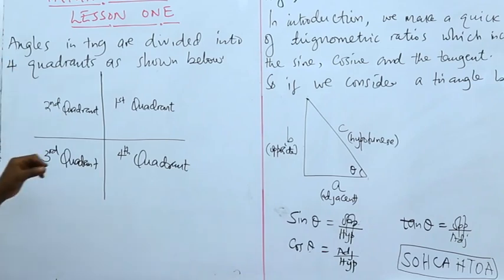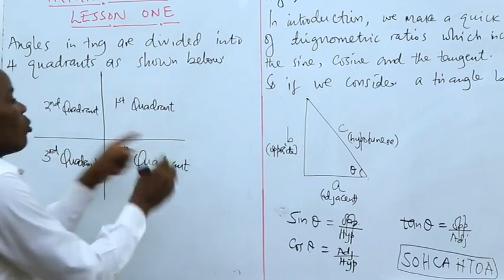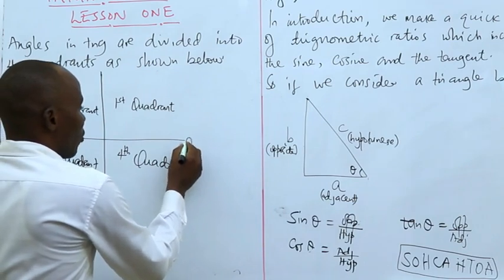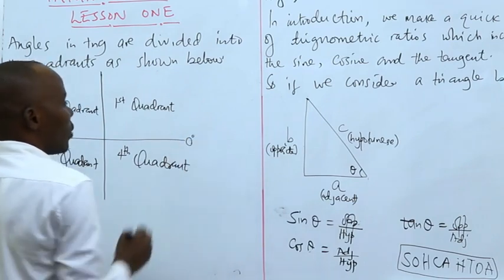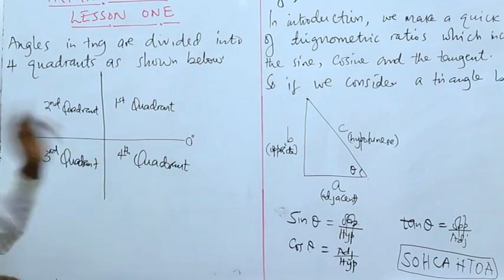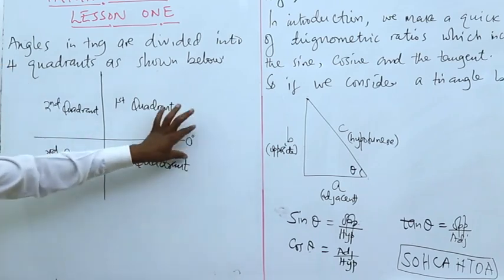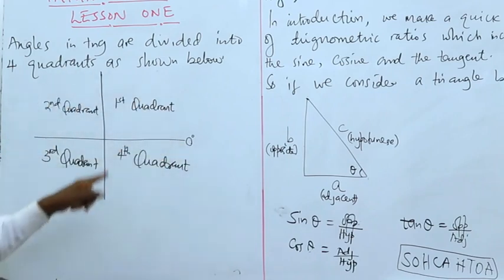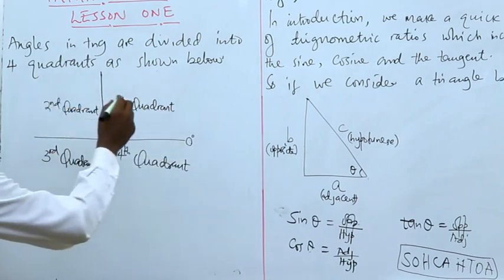Now, since I've said we move in the anti-clockwise direction, this is our reference, and the angle we start with is 0 degrees. I'll mention these as I move on, but I want to emphasize we are moving in the anti-clockwise direction.